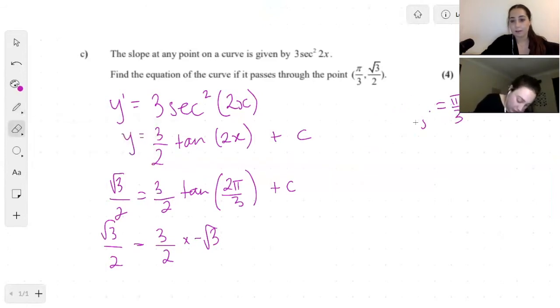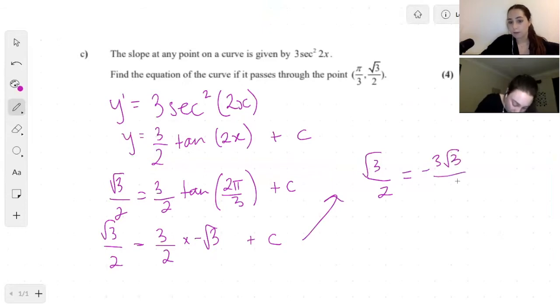So root 3 on 2 is equal to minus 3 root 3 on 2 plus c. So move this over.